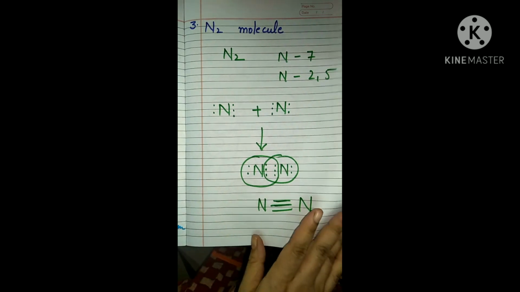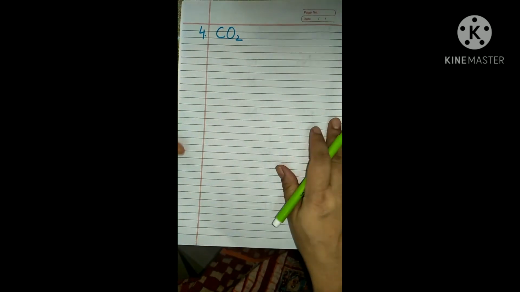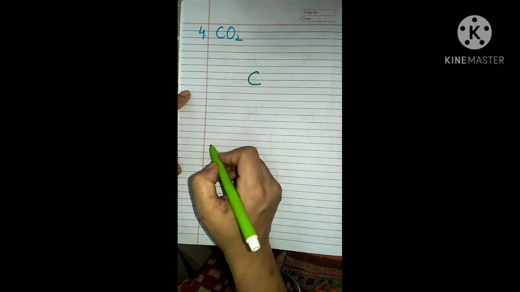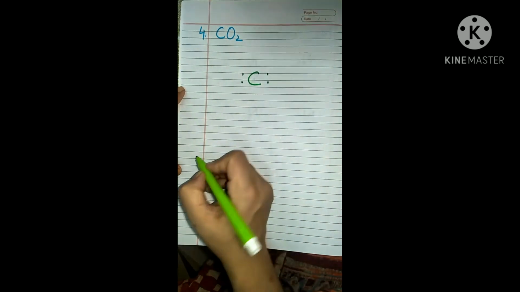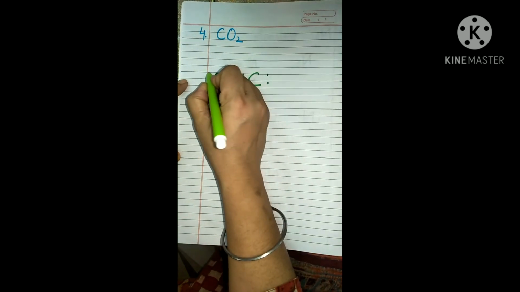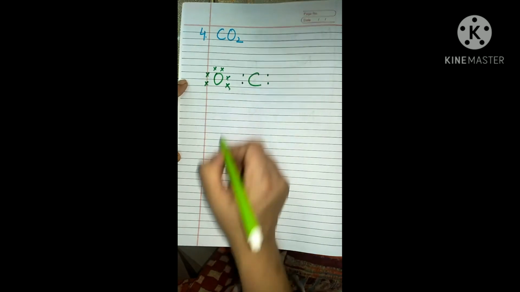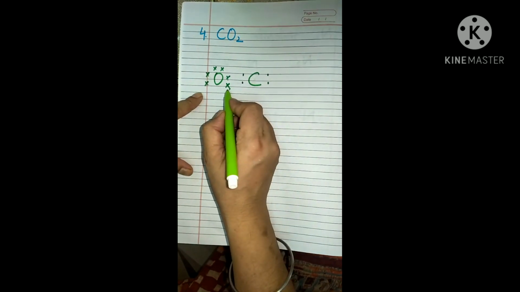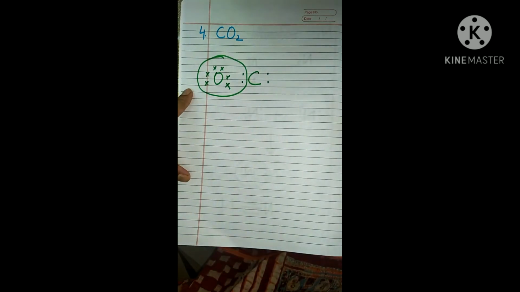Then carbon dioxide, a very important example. Carbon has 4 electrons: 1, 2, 3, 4. Oxygen has atomic number 8, so 1, 2, 3, 4, 5, 6. If this oxygen has to be stabilized, it will borrow 2 electrons from carbon.